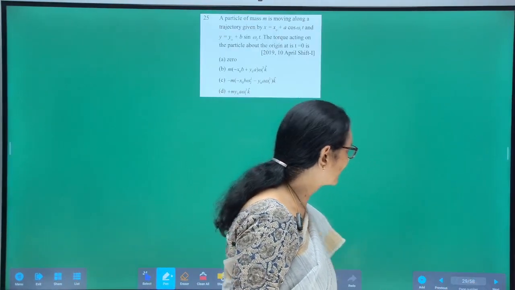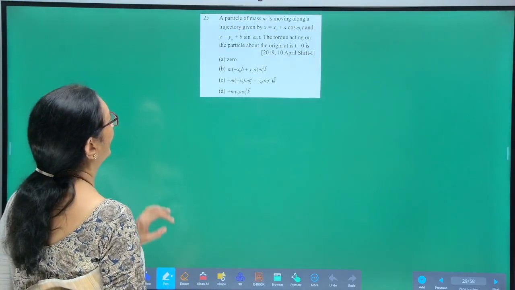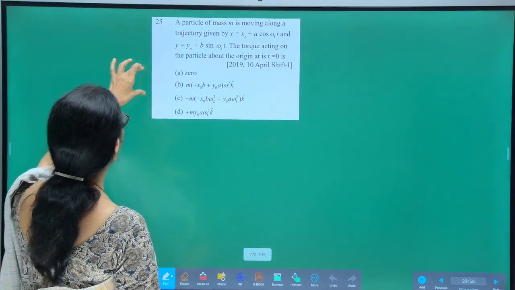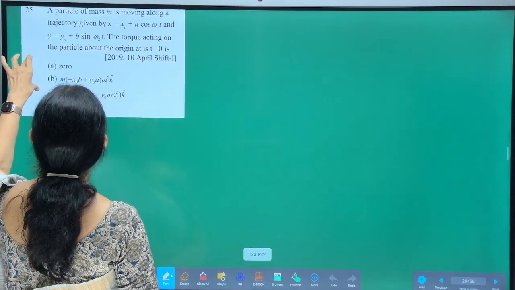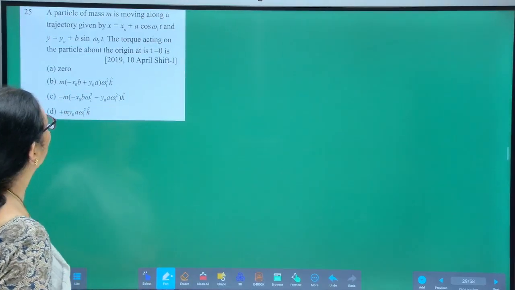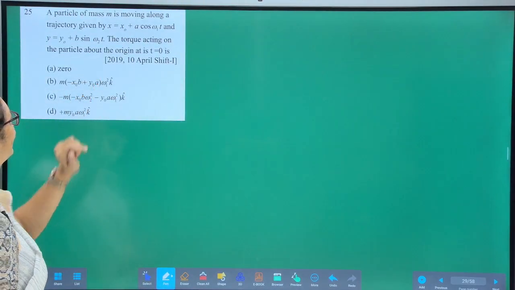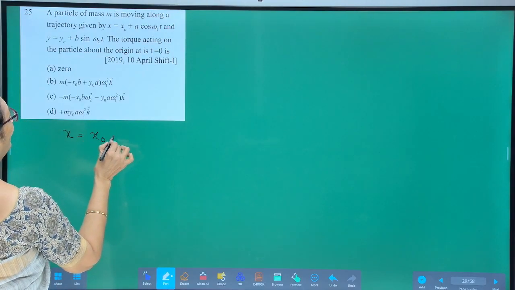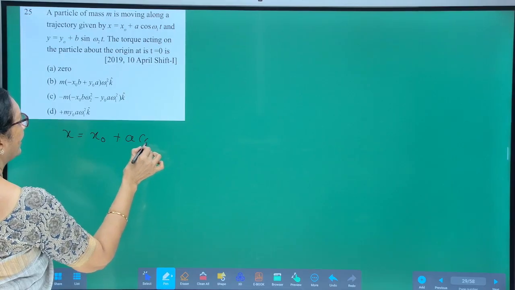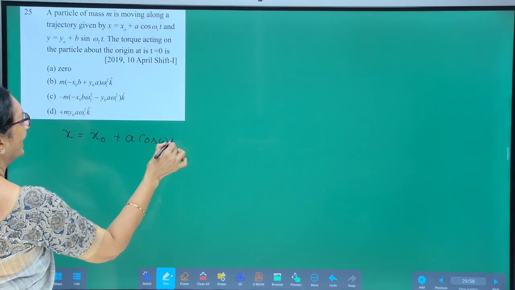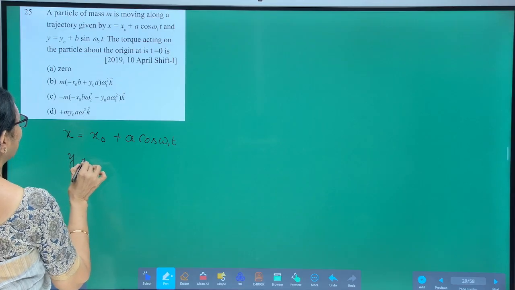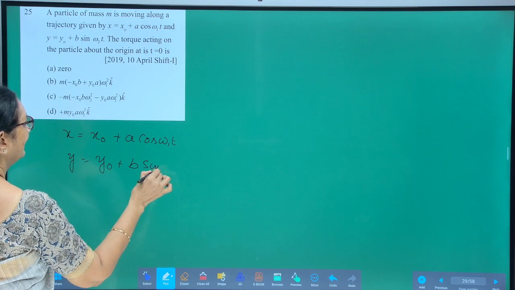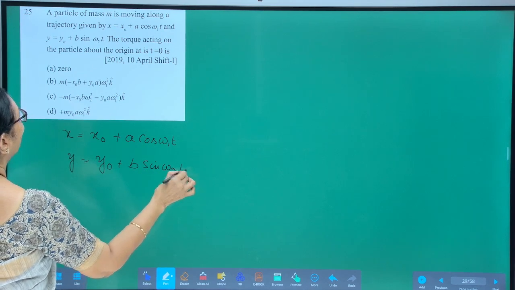Move on to the next problem. Look here. A particle of mass m is moving along a trajectory x is equal to x0 plus a cos omega 1 t, and y is equal to y0 plus b sin omega 2 t.